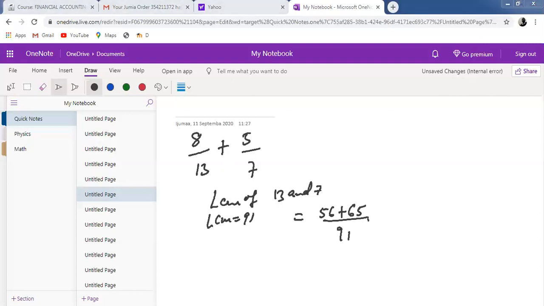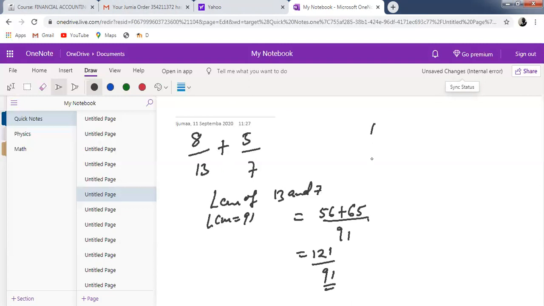Then we add 65 and 56, so that we have 121. So this one is 121 over 91. And then you can convert it into a mixed number, and the answer becomes like that.